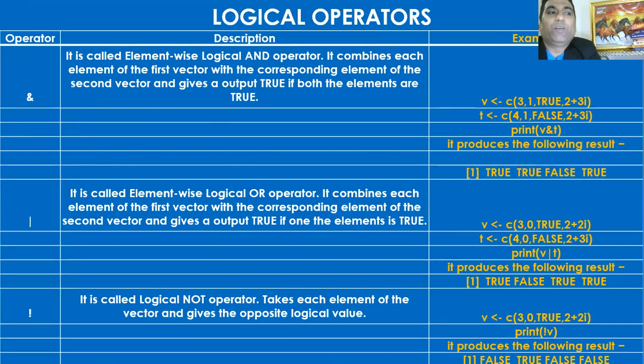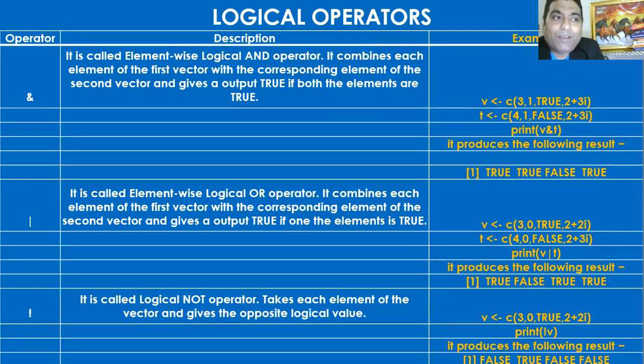The next is the logical operators. So logical operators are AND, that's the ampersand sign, then the pipe sign, and the exclamation sign. The ampersand sign is AND, meaning it checks the logical value.